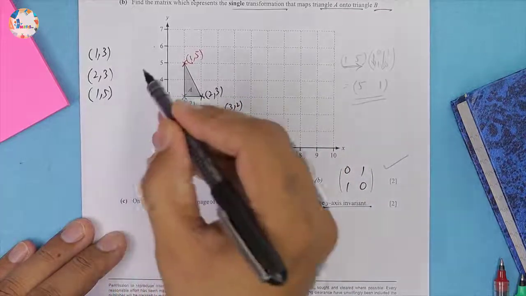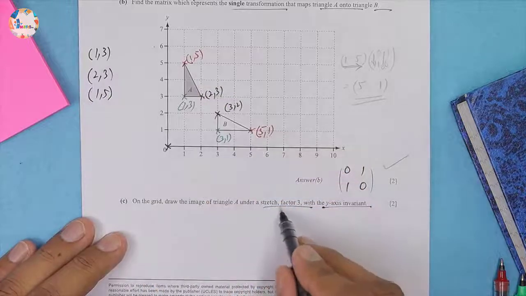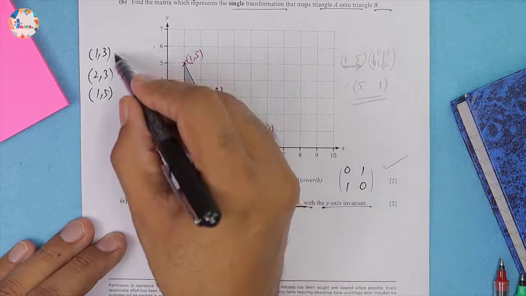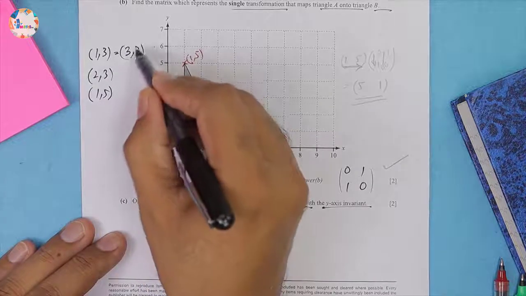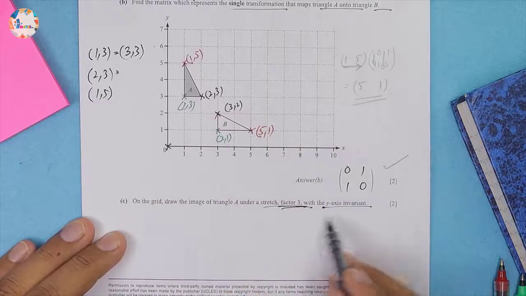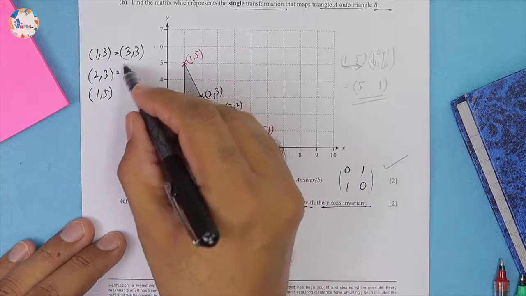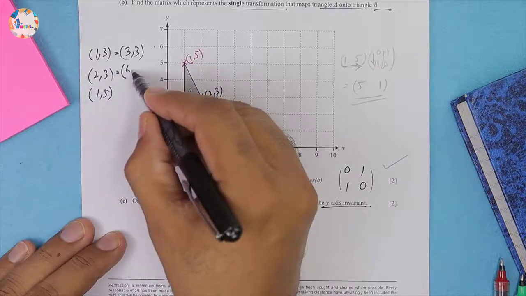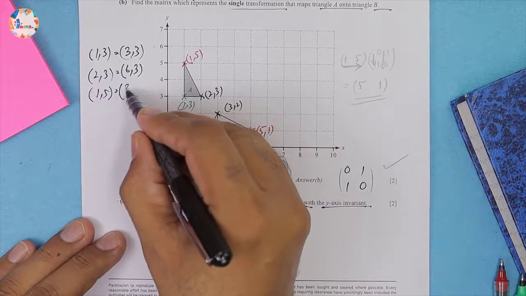So these coordinates, we will multiply X by the factor, which is 3. So this will be changing to 3 and 3. Y we will keep same. For stretching, y-axis is invariant, so y we will not be changing. 2 into 3 will be 6 and 3, and 1 into 3 will be 3 and 5.